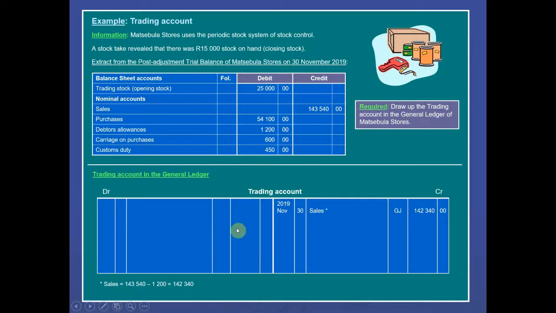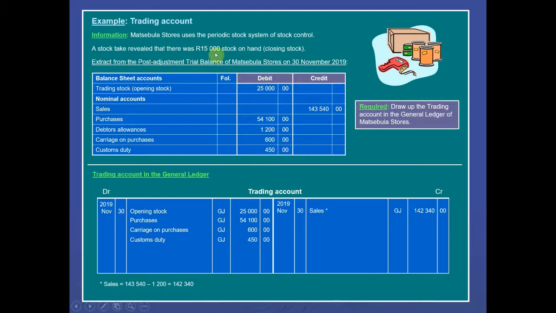Then we have our opening stock on the debit side, the 25,000 Rand. We have our purchases of 54,100. So in fact all these expenses will be on the debit side, the carriage on purchases of 600 and the customs duty of 450.